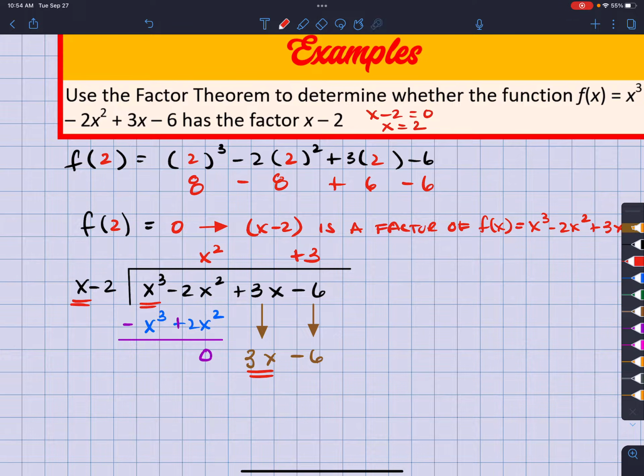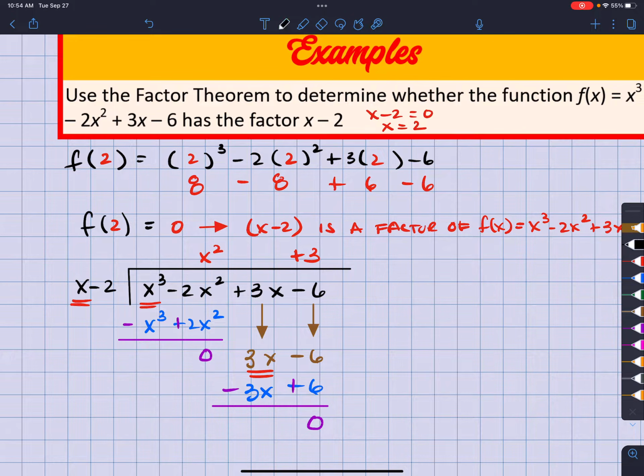So 3 times x gives me 3x, and 3 times negative 2 gives me a negative 6. I flip the signs and add, and I get 0. So I know my remainder is 0, and now I see my other factor.